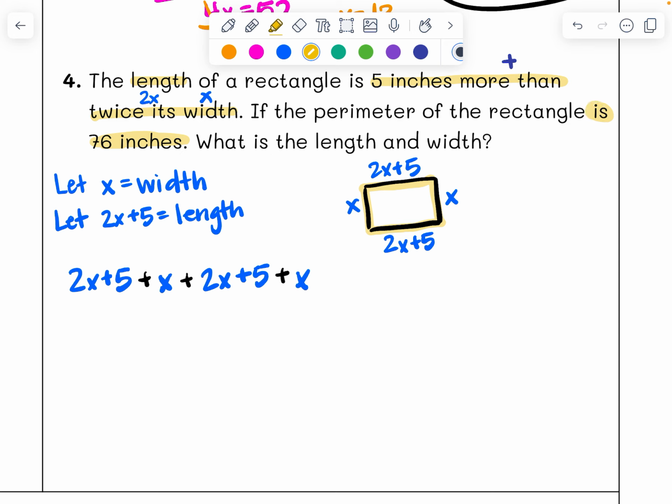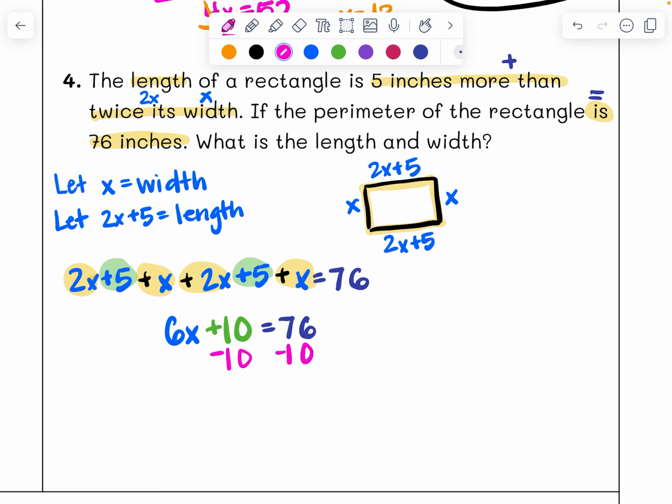So remember, 76 is after our equal sign. Here we go. Equals 76. Okay, now I can combine like terms. So 2x and 1x and 2x and 1x is 6x. And then 5 plus 5 is 10. 6x plus 10 equals 76.